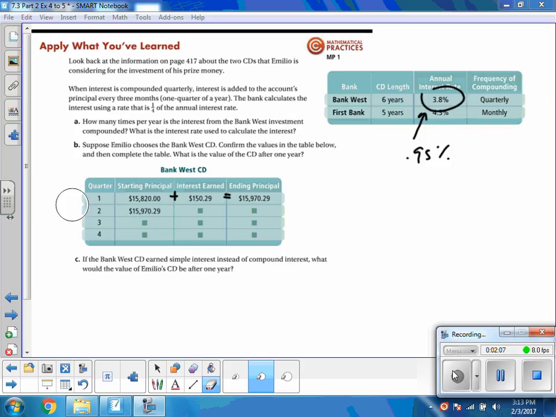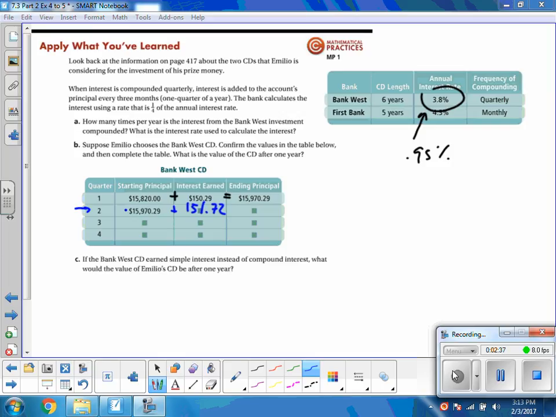Well, now as we move into the second quarter, my initial balance has changed. It is now $15,970.29. Well, I'm going to take my 15,970.29 using my calculator, times 0.0095, and I now have an interest earned of 151.72.